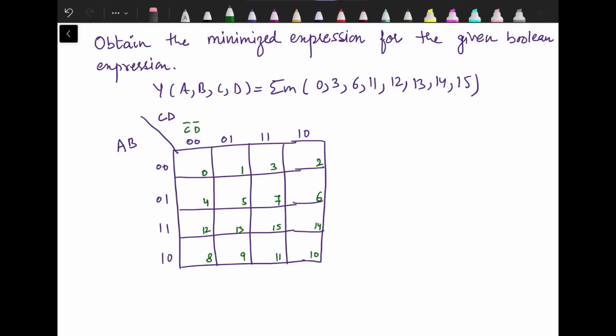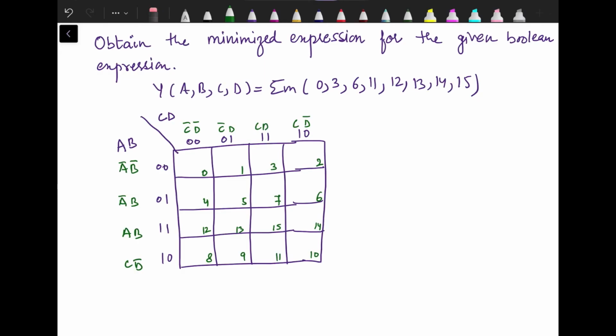The column labels are C complement D complement, C complement D, C D, C D complement, and the row labels are A complement B complement, A complement B, A B, A B complement. Now next, we need to place all the given minterms in the K-map.